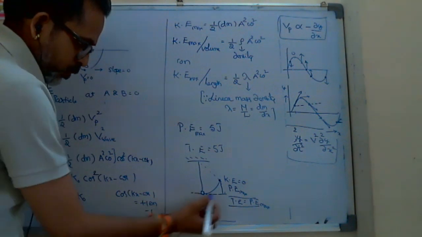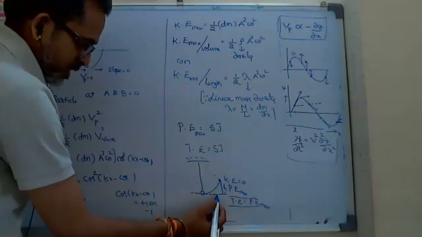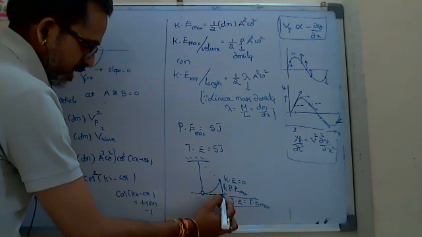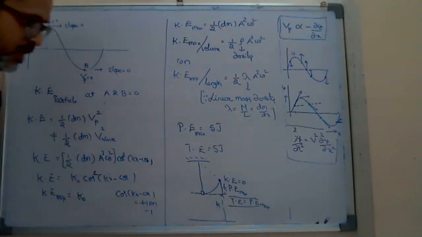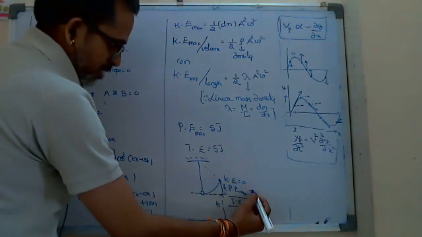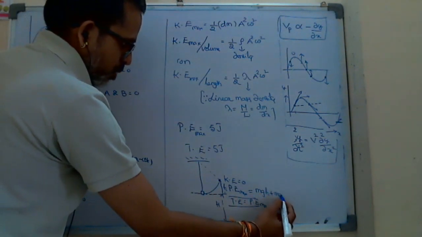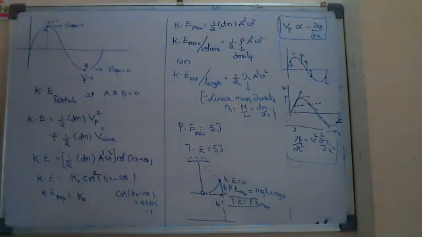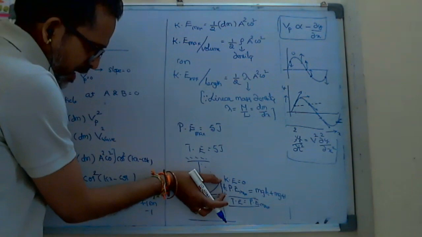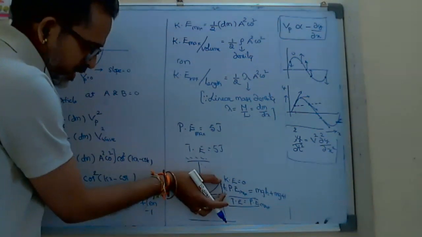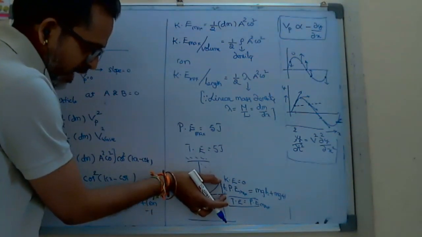It is raised to a height small h, and from the ground he measured the height as capital H. Look at here, PE max I have to write as mg capital H plus mg small h.